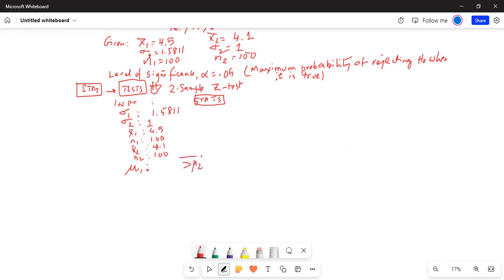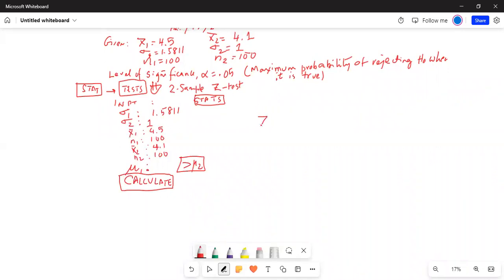So put the cursor on greater than mu2 and hit enter so that it's flashing on greater than mu2. Okay. And then we scroll down to calculate and hit enter.